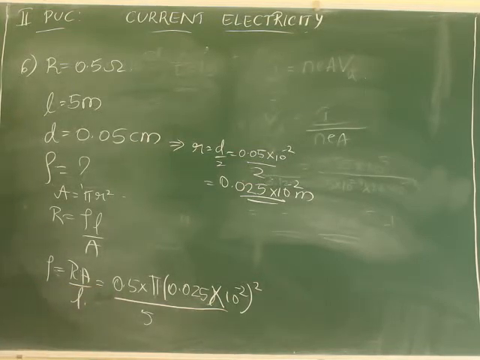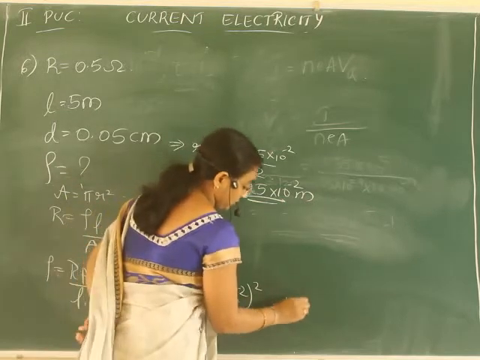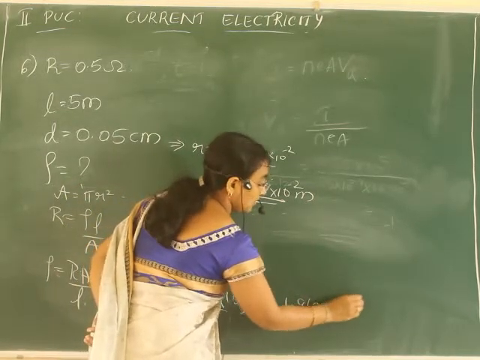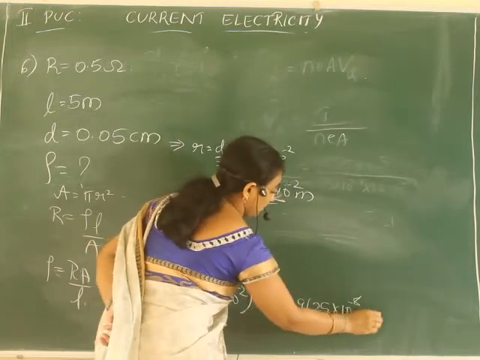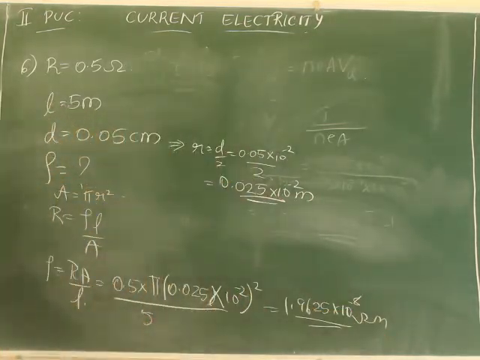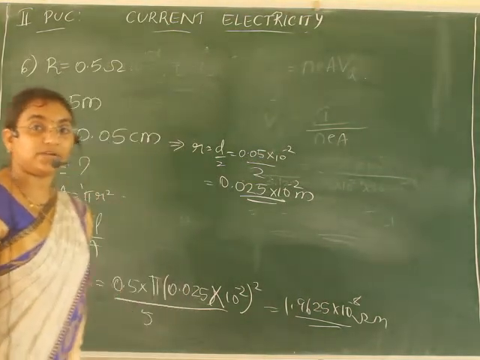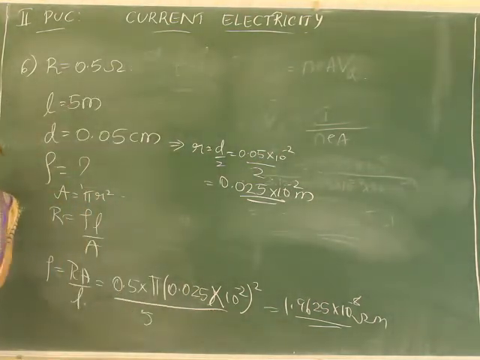What is the answer? Are you getting 1.9625 into 10 to the power minus 8 ohm meter? Please use the calculator, not the scientific calculator, ordinary calculator. Okay.